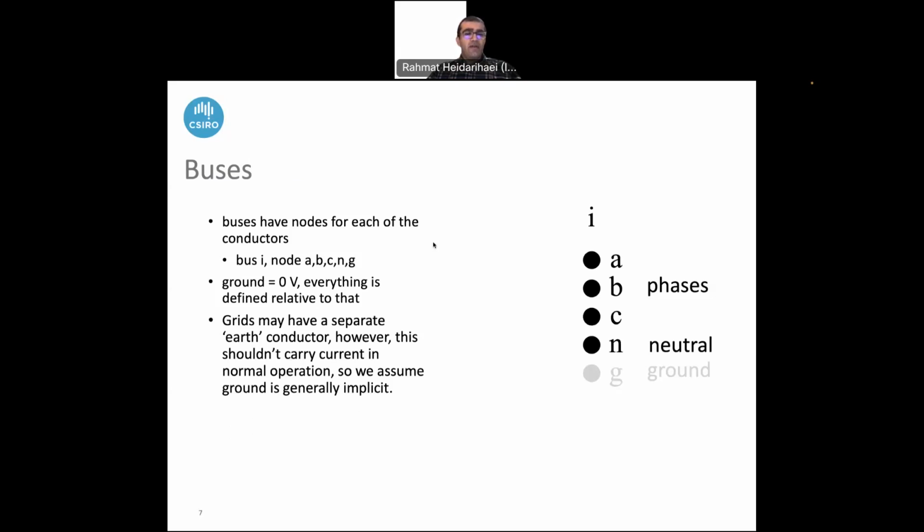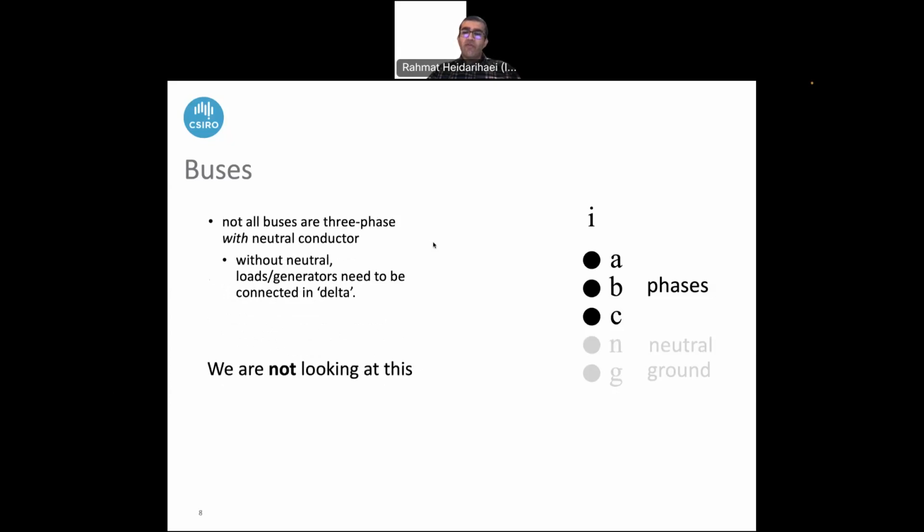But in most networks, we can assume that the ground is generally implicit. Then there are also three-wire networks, which don't have a neutral, but for these networks, when we don't have a neutral, the loads and generators need to be connected in delta mode.